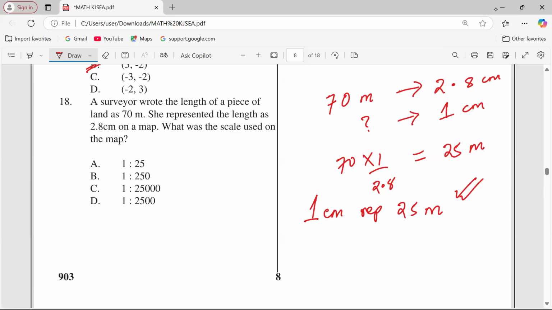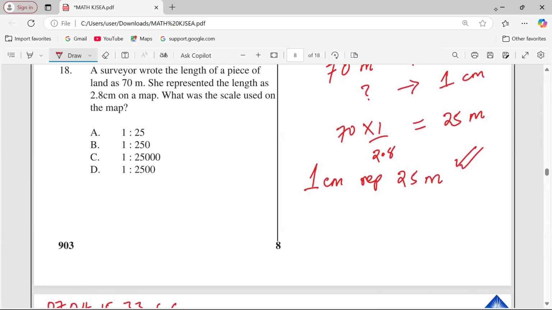So a ratio, if you remember very well, the details about ratios are supposed to be in the same units. So when we say 1 centimeter represents 25 meters on paper, we should convert them to also centimeters by multiplying by 100.